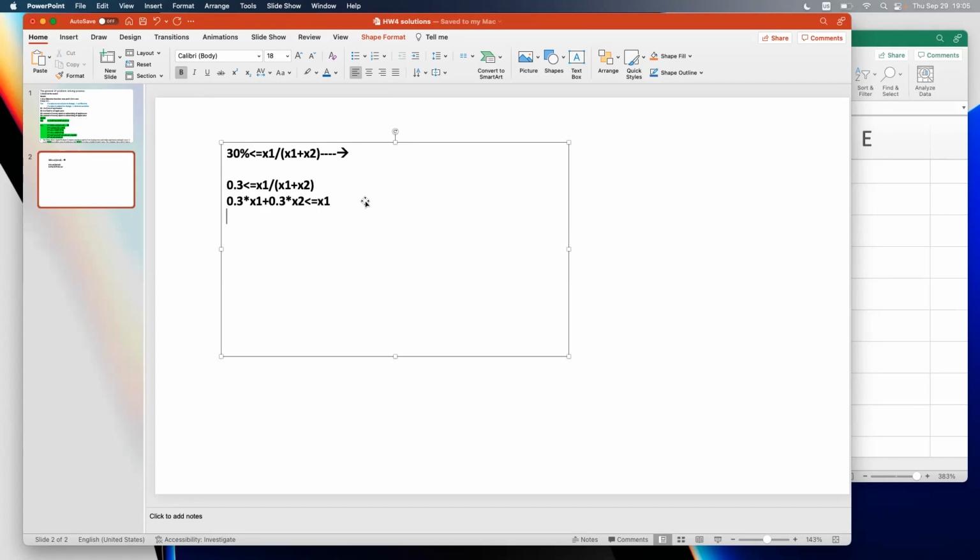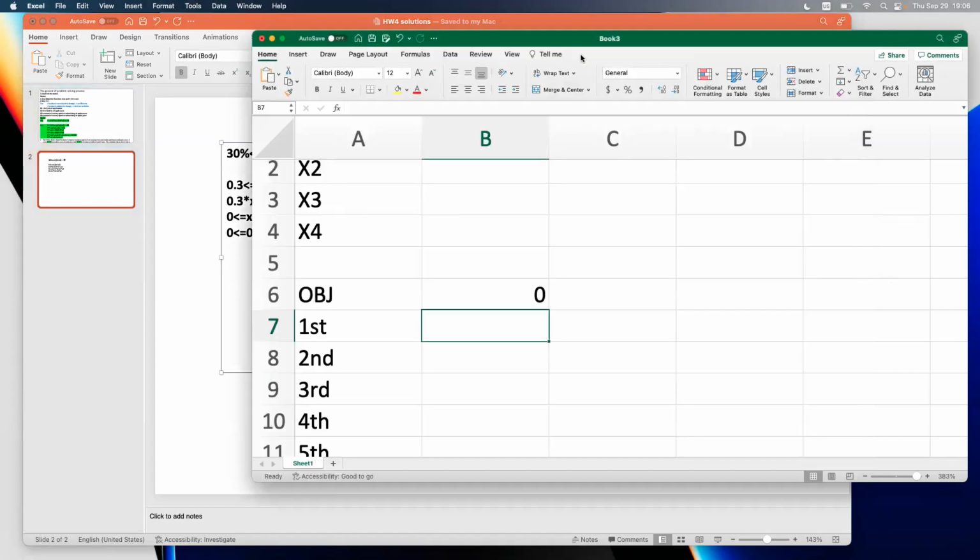And if we move all the terms to the right side, we got 0 should be less than or equal to x1 minus 0.3 x1 minus 0.3 times x2. Simplifying that, we got 0.7 times x1 minus 0.3 times x2 should be greater or equal to 0.